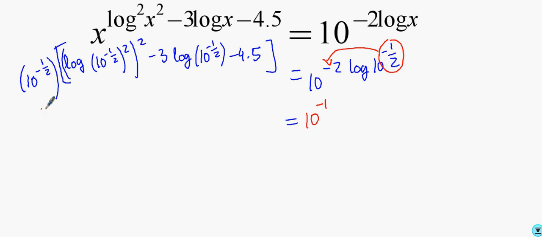On this side, we have 10 to the negative 1/2. Now, if you look at this here, this is 10 to the negative 1/2 times 2, which is negative 1.